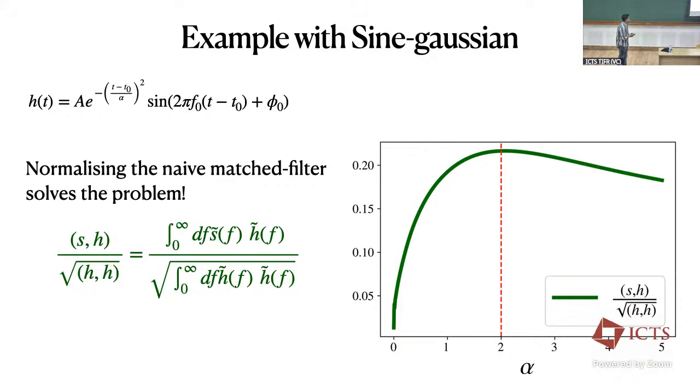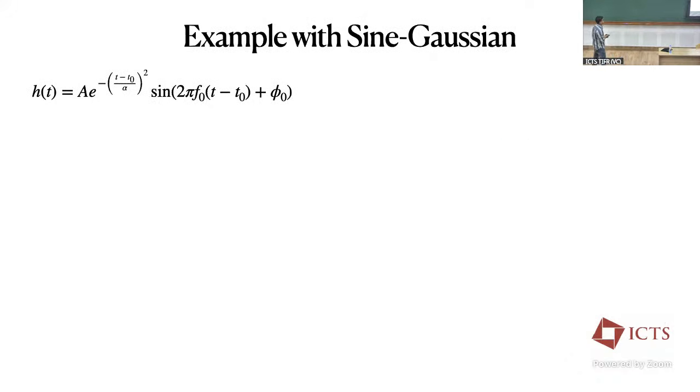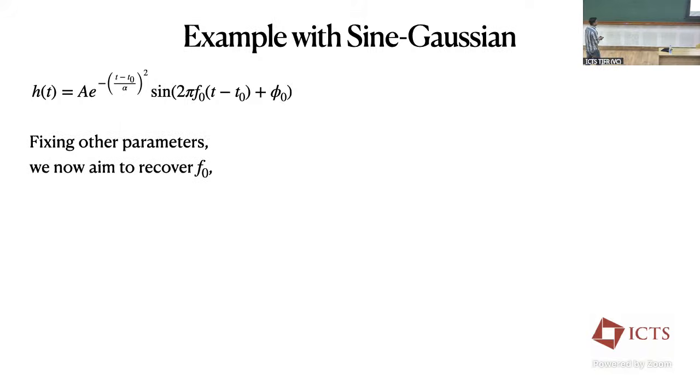So when we normalize our particular template to search for that particular template in the signal, that match filter is the correct match filter, which can find the signal in the data. So I have shown the amplitude. Now let's do the same exercise for the frequency of the sine wave.